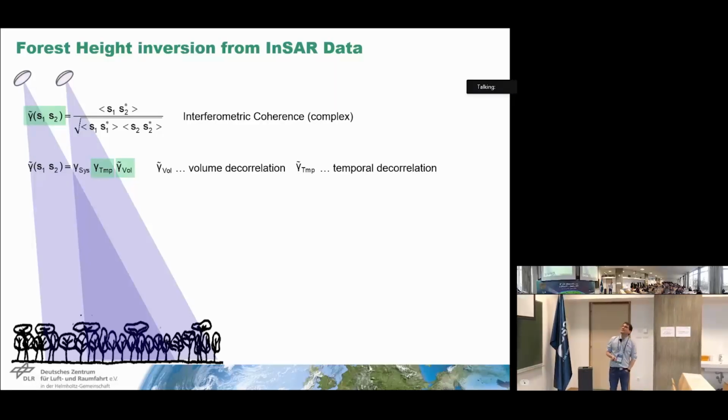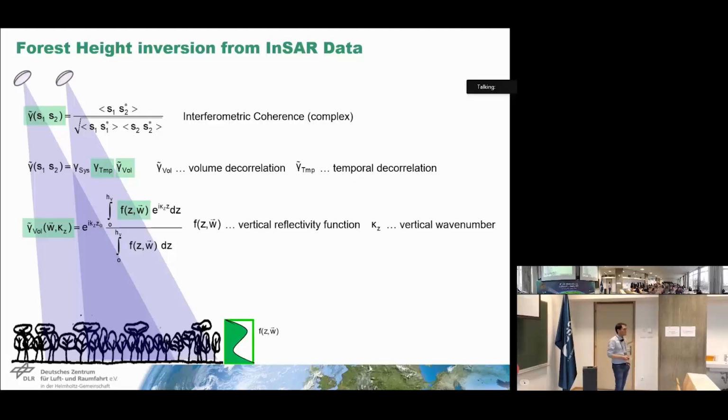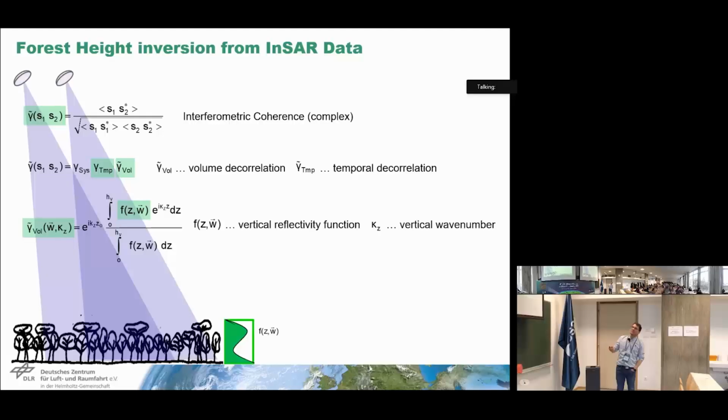And what you would like to have is volume decorrelation, because this volume decorrelation depends on the vertical reflectivity function by means of a very well-known and relatively easy to implement equation. And now, if you measure volume decorrelation, we will see that if you have a model for the vertical reflectivity function, then you can start to estimate parameters of the vertical reflectivity function.